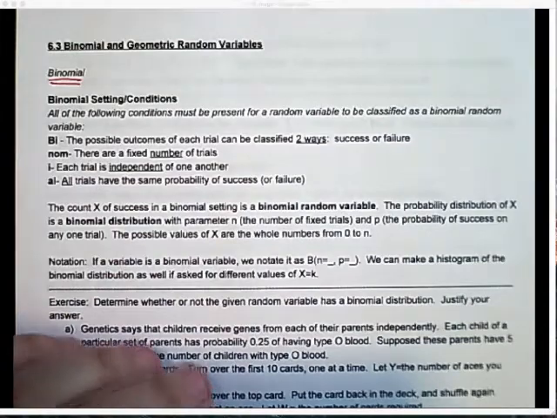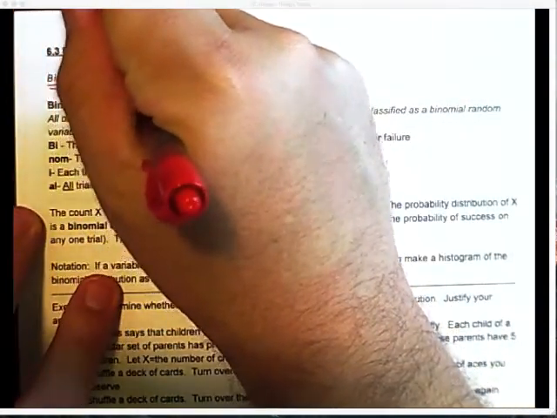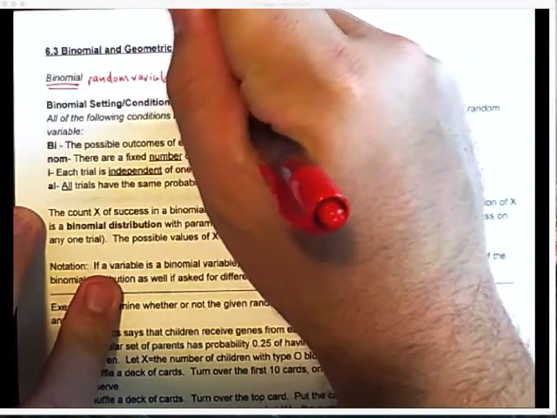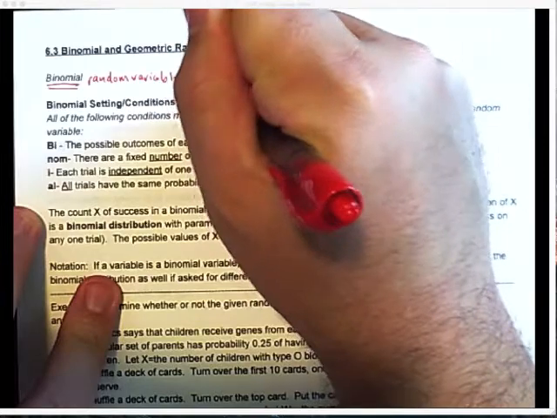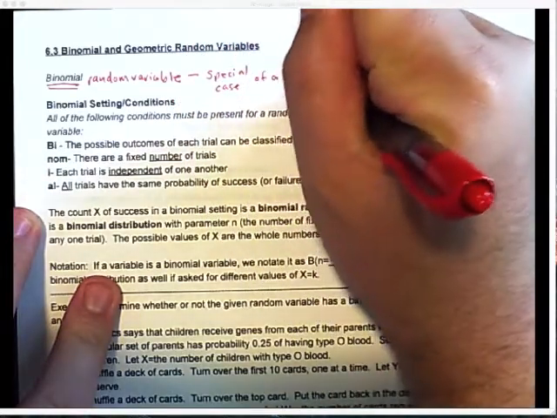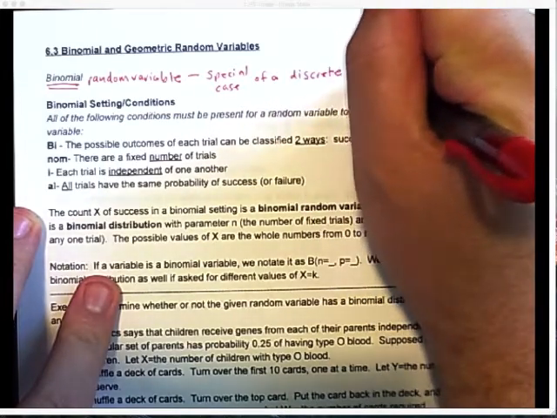So let's start with a binomial random variable. A binomial random variable is a special case of a discrete random variable.